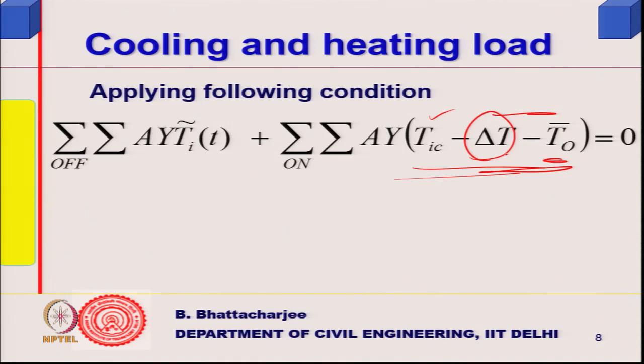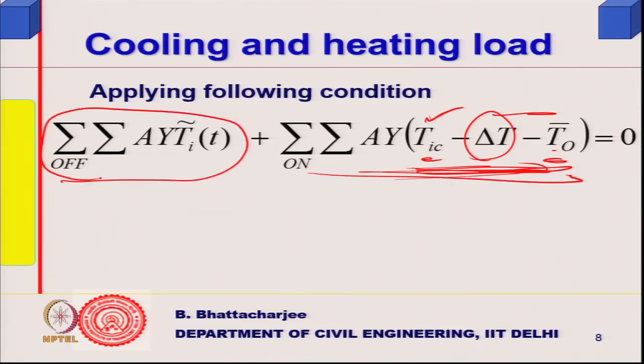So, this is nothing but T inside constant temperature, right. So, this is the inside temperature swing during the constant period, swing above the mean, the difference between the mean. TO minus delta T is the inside mean minus TIC, this is the swing in temperature during the on period.